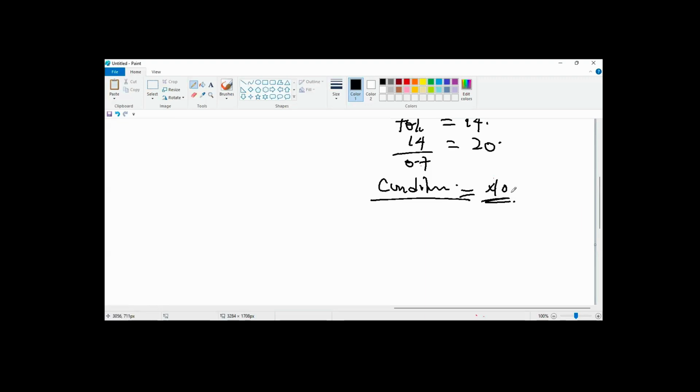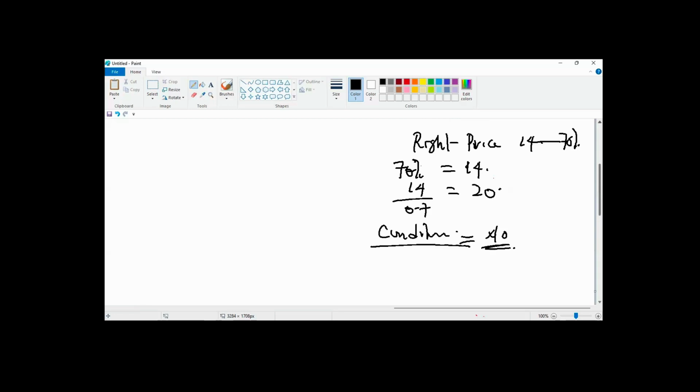I don't understand how we get 20 naira from the rights price. If you read the question very well, the issue price was 14 naira per share, which represents a discount of 30%.